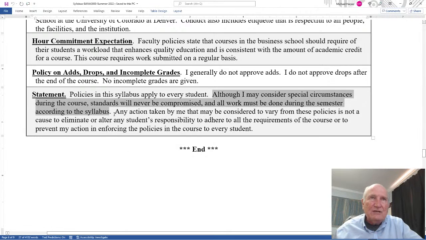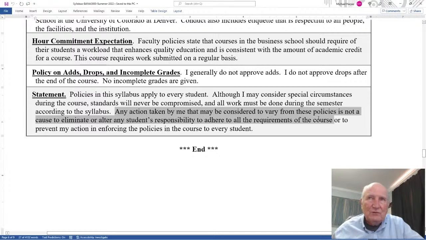Okay. Any action taken by me that may be considered to vary from these policies, like email versus PDF, is not to eliminate the policy, or the student's responsibility to adhere to all the requirements of the course, or to prevent my action in enforcing the policies. So we did it once, so you should let everyone do it by email. Not necessarily.